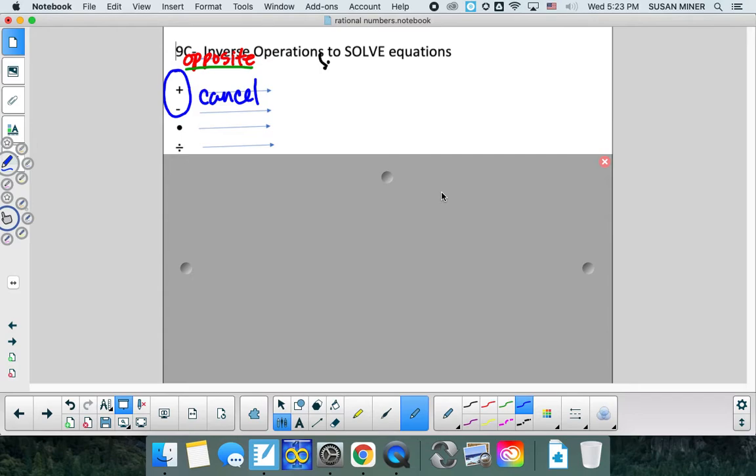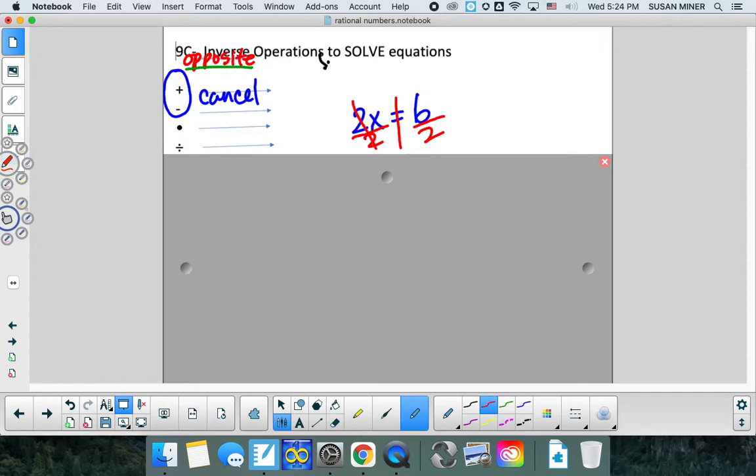Okay, so what if I have 2 times x equals 6? How do I undo multiplication? What's the opposite thing? How do I cancel out multiplication? I use division, and whatever I do on one side, I have to do on the other.